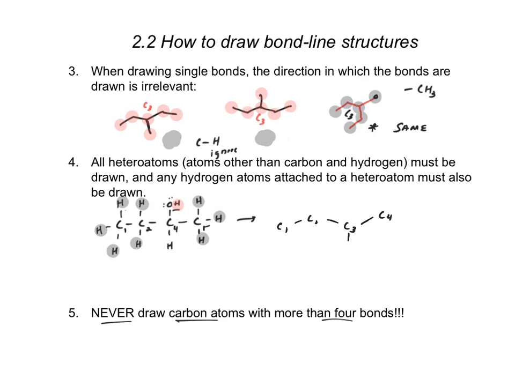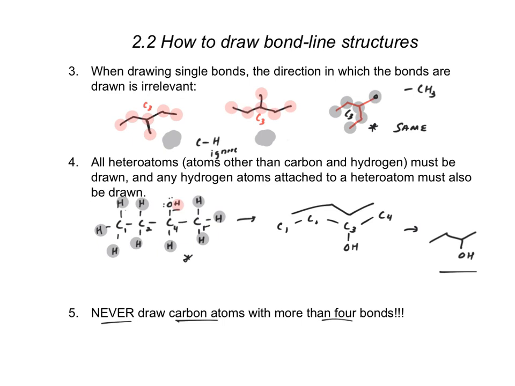But we're going to go ahead and draw our oxygen here, and then its hydrogen. And then to turn this into a bond line structure, we're just again going to follow the zigzag, and we've got the OH. So this would be the appropriate bond line structure for this Lewis structure. Again, when we remove the hydrogens, we remove all the carbon hydrogens, but we keep on any hydrogen bound to any other type of atom.